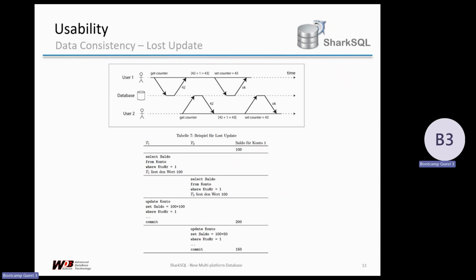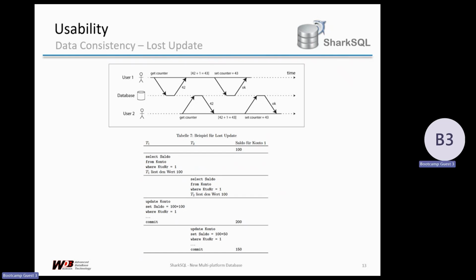So if you are running a bank application and you do your account management within the database and you have a lost update, then you have two transactions. One is adding, let's say, $100 to your account. The other one is adding $50 to your account. The first one reads the first value of 100.